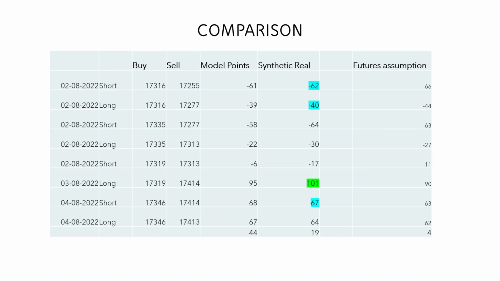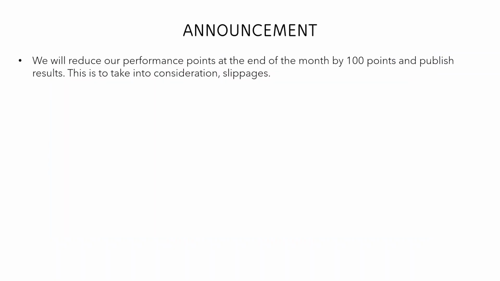Right. One more announcement. A lot of people have always asked us that slippages are an issue, and the real model performance is not giving the right picture. So we have decided that every month we will publish our results by subtracting 100 points from the final result.